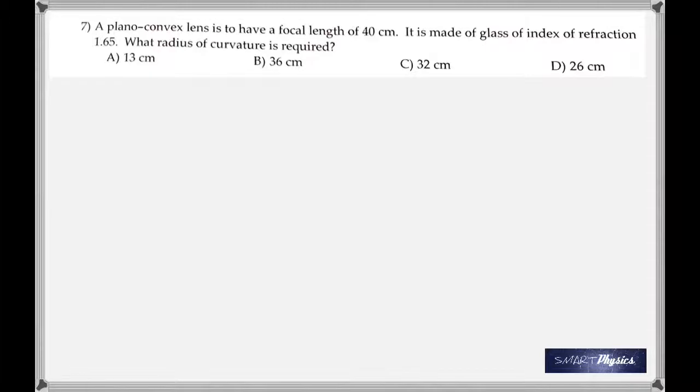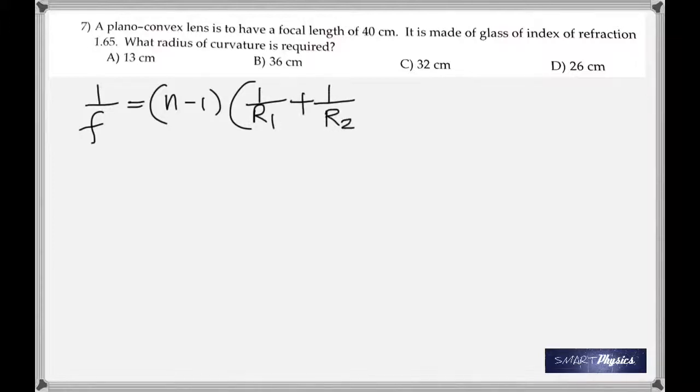7. This is a plano convex lens. One side is plane. That means the radius of curvature is infinity. And it has a focal length 40 centimeter. What is the radius of curvature of the other surface? Now the lens maker's equation, 1 by f is n minus 1, 1 by r1 plus 1 by r2.